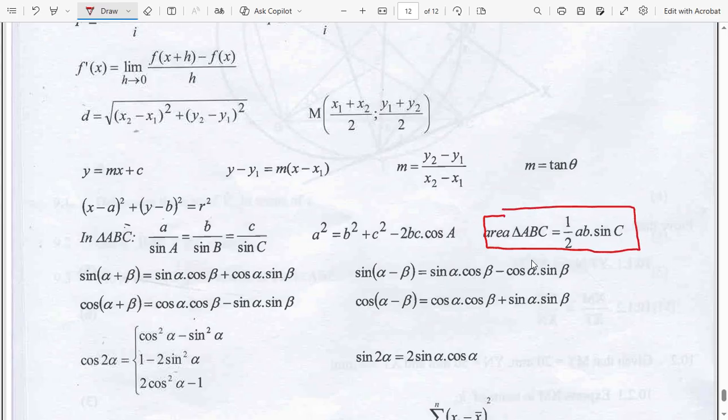So I'm going to teach you how this formula works. Okay, so you see this A and B, they should be the two given sides. So it should be this side and that side. So this is my A, this is my B. So this C is the angle that is between that A and B. So angle C should be the included angle.